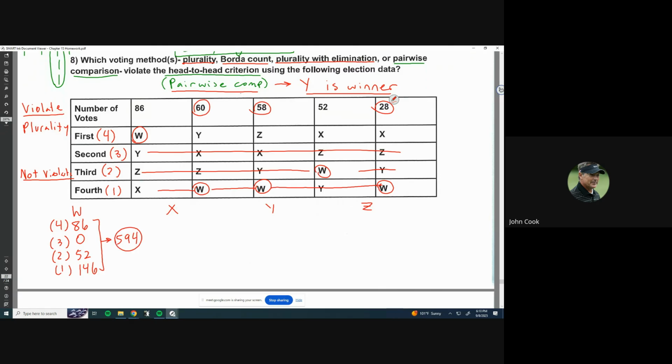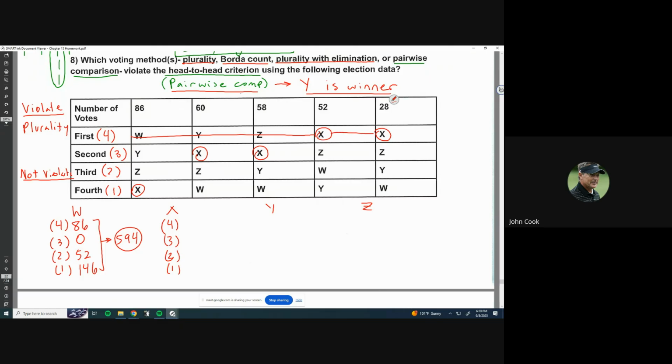Now let's check X. So 4 points, 3 points, 2 points, and 1 point. All right, let's see what we have for X. So let's go ahead and clear this out now and then circle the X's and see how many points they get. Okay, so X, X, X, X, X. So first place votes, looks like it goes to 52 and 28, which is 80.